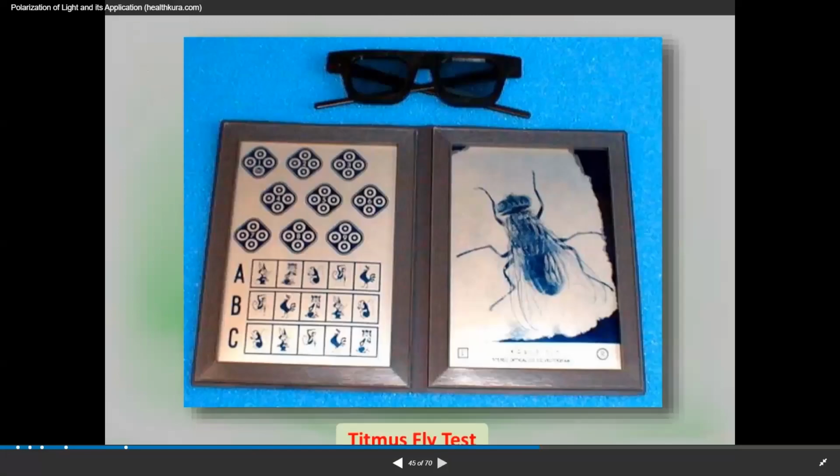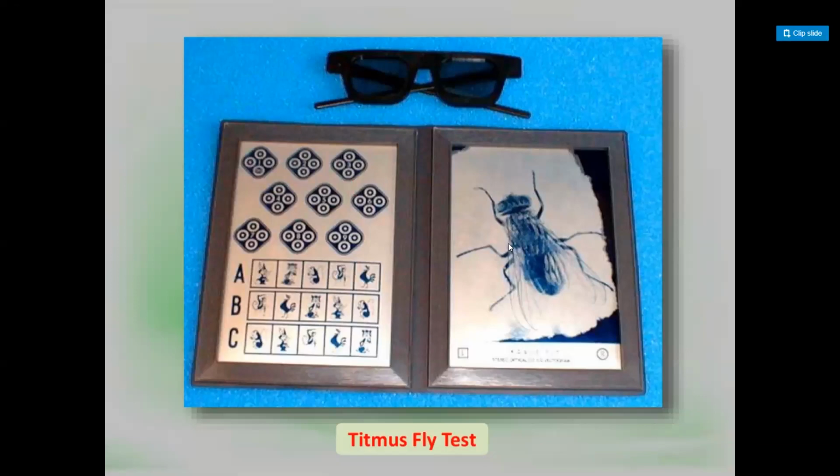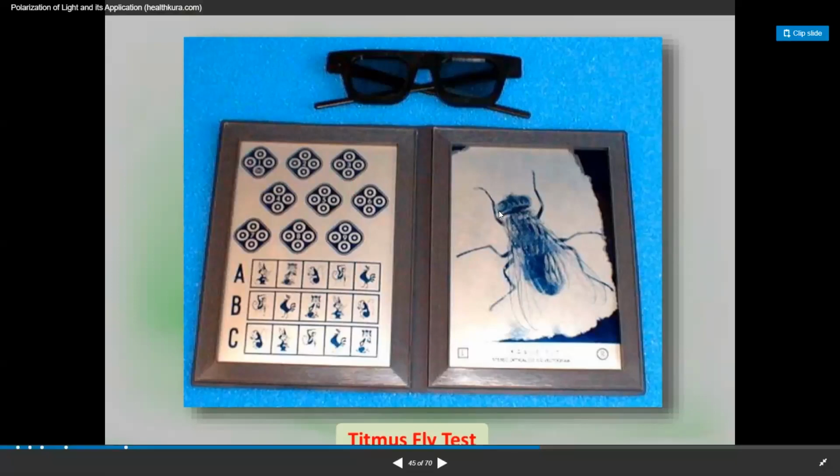And next, the Titanus fly test. It is also a clear picture of very small insects with the help of polarized filters.